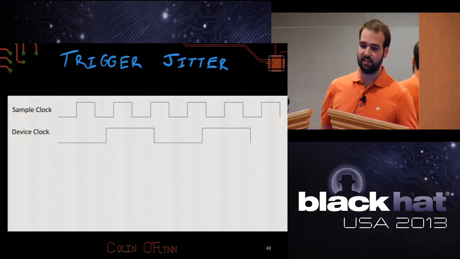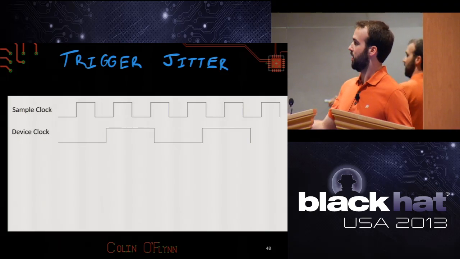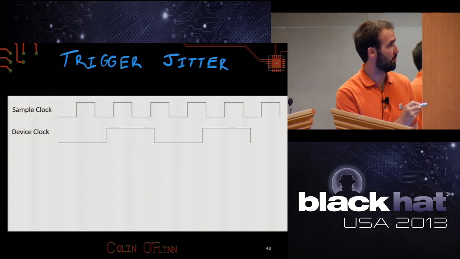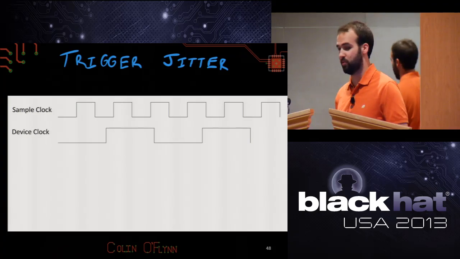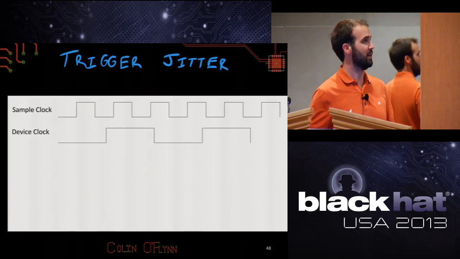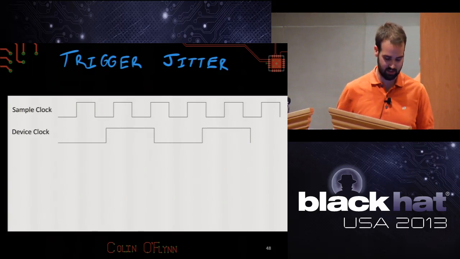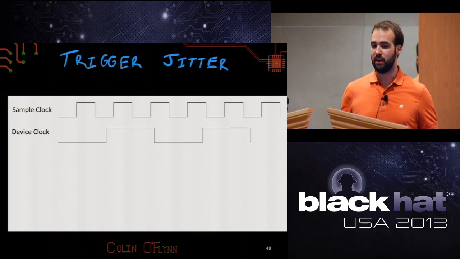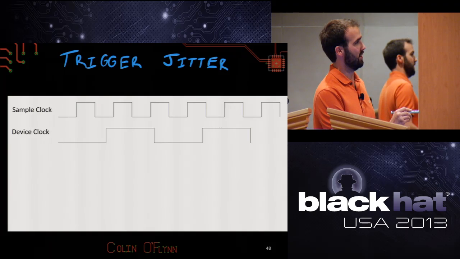Why this happens is that the oscilloscopes run on a sample clock. When I say it's doing 100 megasamples per second, on the top we have the sample clock here. This clock is running at 100 megahertz, and it's saying, okay, every 1 over 100 megahertz, I take a sample of the power the device is using. The device clock is also running at some other frequency, in my case 7.37 megahertz, so here's the device clock.